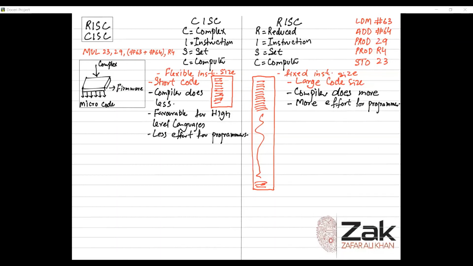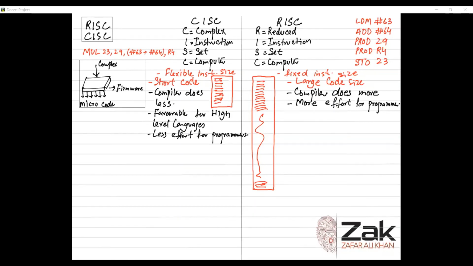Okay, so less effort by the programmer. Obviously the programmer has to write less code. Over here the programmer has to write more code. So now we know that the CISC processor bears a firmware. The firmware breaks the complex instruction into a form which is easier to be executed by the processor, whereas in RISC the programmer itself writes the code that is simpler.